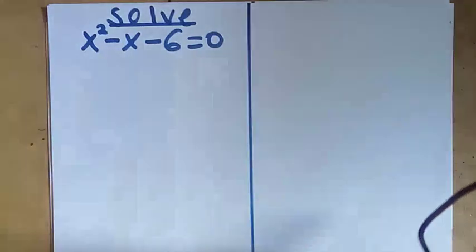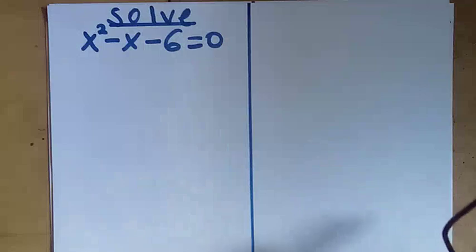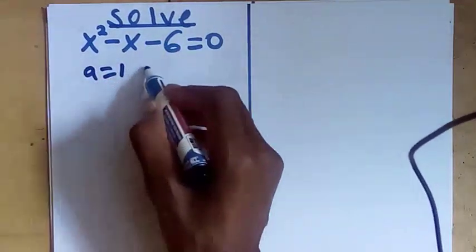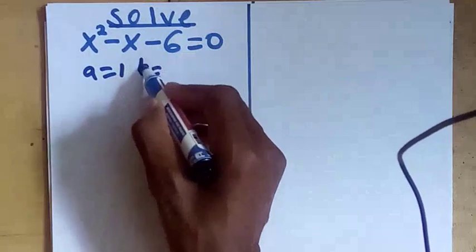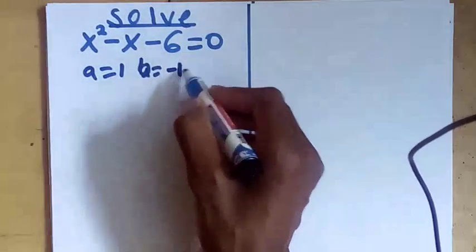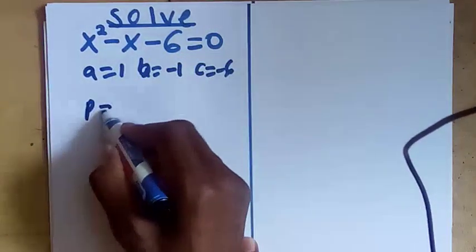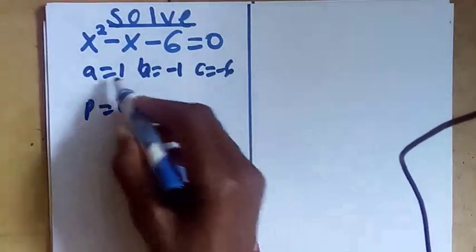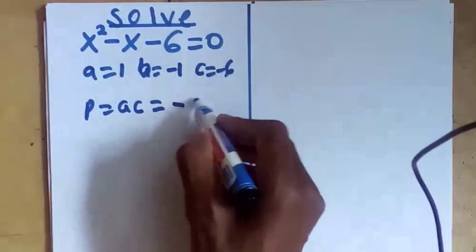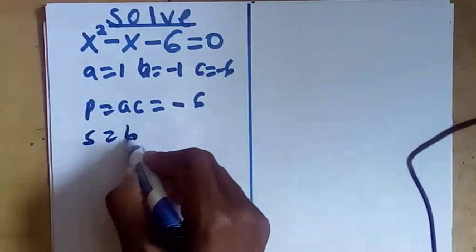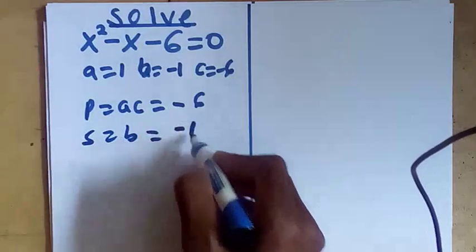First of all, realize that this equation is a quadratic equation where the coefficient of x squared, a, is 1, b, the coefficient of x, is -1, and c is -6. So to get the product, which is a times c, that is 1 times -6, giving us -6, and the sum is b, which is -1.